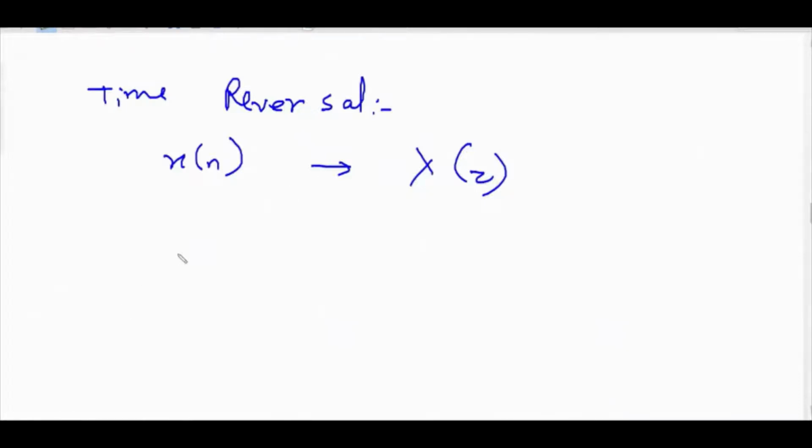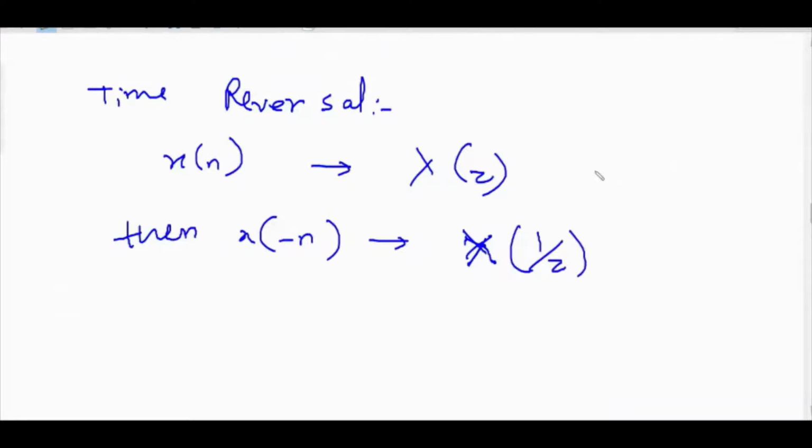So here we have to take the reciprocal. When we change n to minus n, in the z domain we have to take the reciprocal of z. Now here ROC will change. Suppose the ROC is R, then here ROC will be 1 by R. You have replaced z with 1 by z, so ROC will also change. So this is the time reversal property.